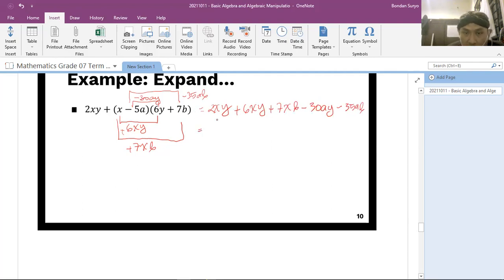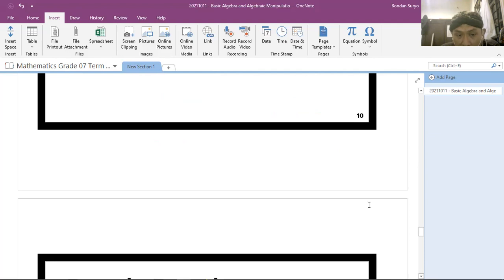As we can see, we have the same term here, so 8xy plus 7xb minus 30ay minus 35ab. Can we simplify? Cannot. So this is our final result.